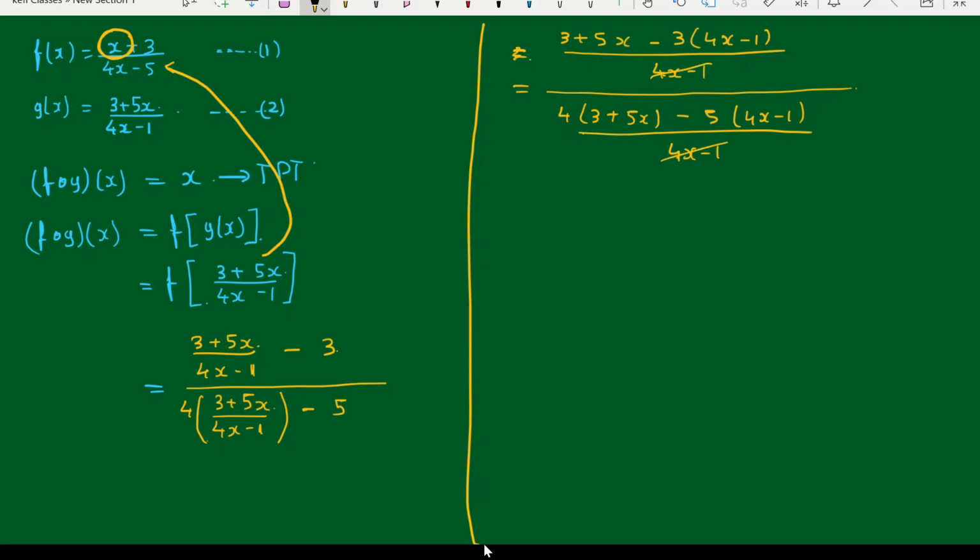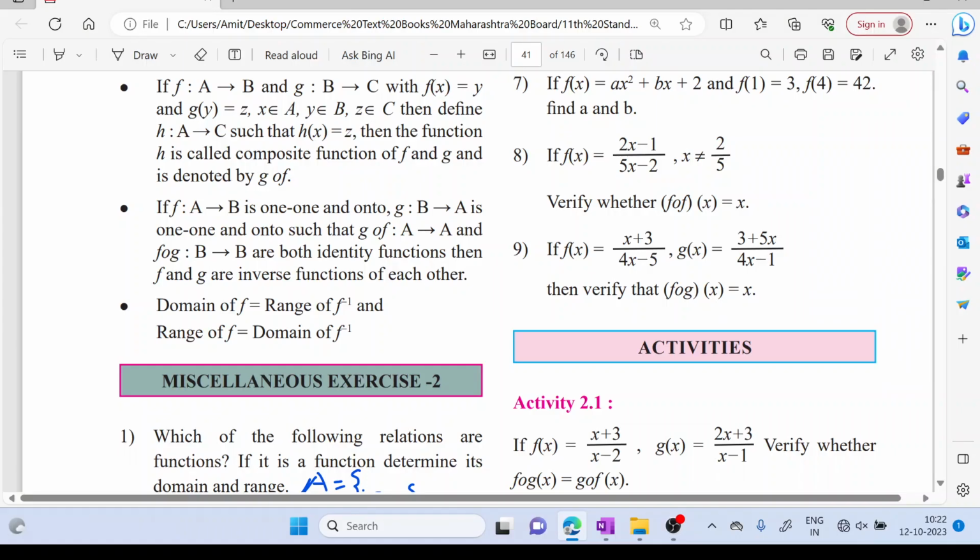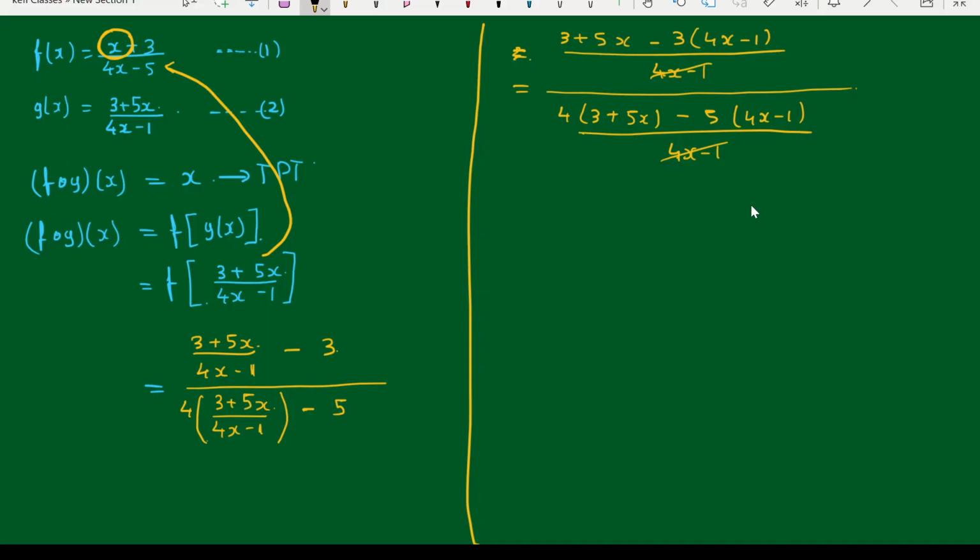Again 4x minus 1 can be cancelled, and they must have given us x is not equal to 1 by 4. दिया है? नहीं दिया इधर, but it's understood. ठीक है? इधर दिया नहीं है. They should have given. So we can say x is not equal to 1 by 4.